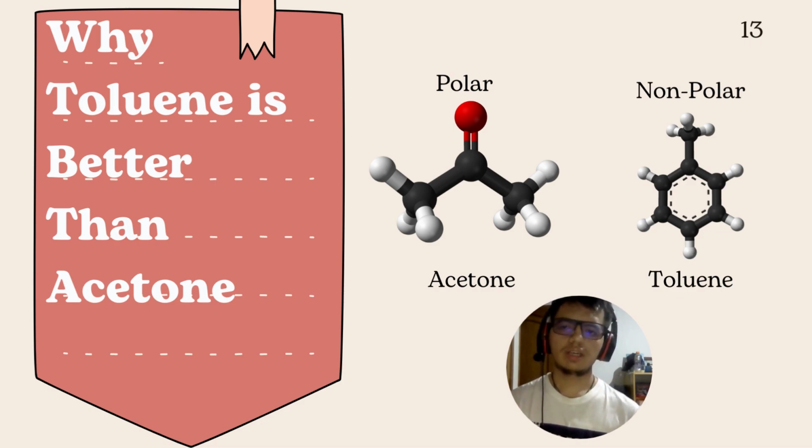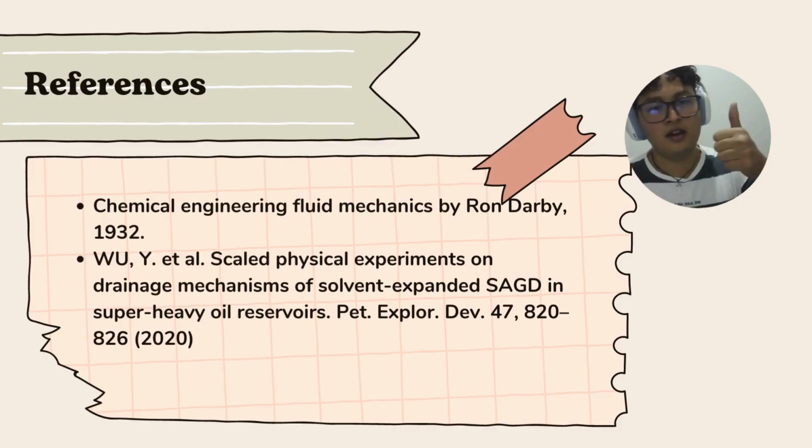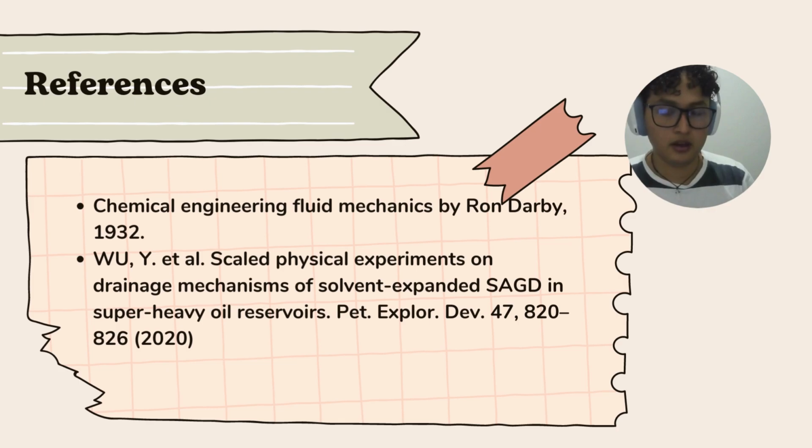And we can reflect that in the graphs that we got in the results. The references are both from the PDF, the first for the behavior of the graphs, and the second one is just to know the model structure between the toluene and the acetone.